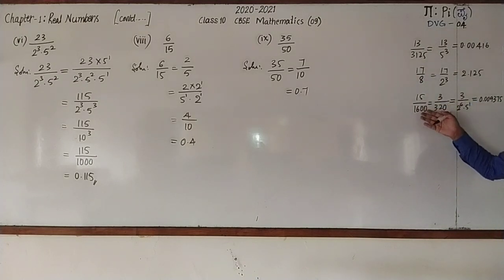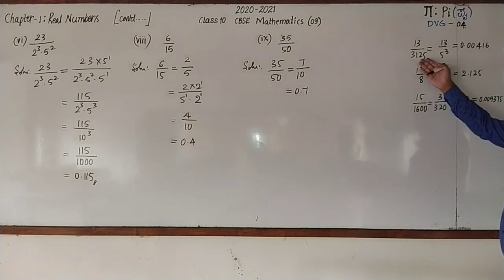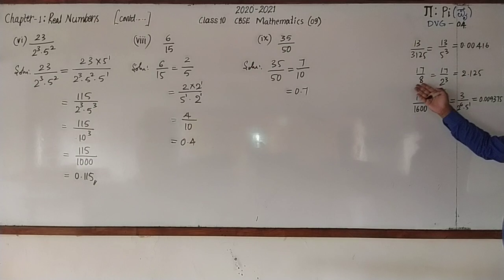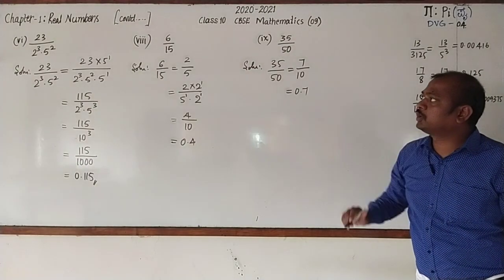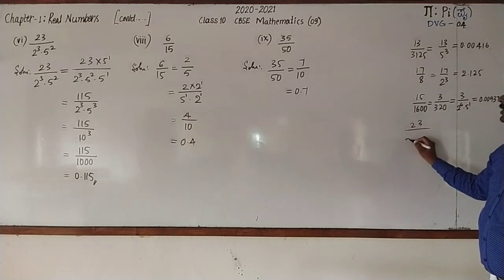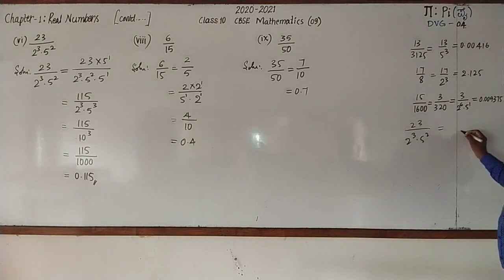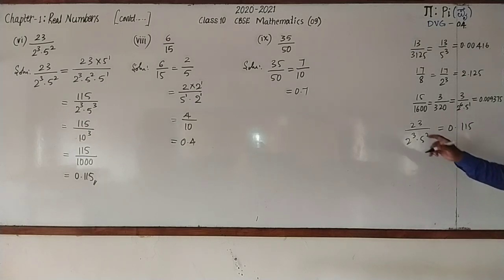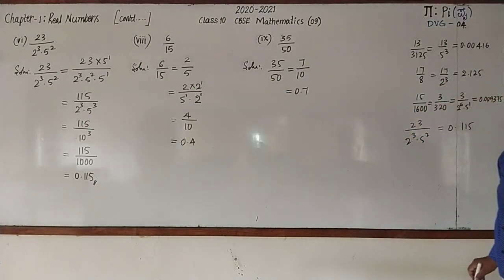And one more thing you can notice. Here I have written the results. The first one we have and its decimal expansion, second one decimal expansion, third one decimal expansion, fourth one that is 23 by 2 cube into 5 square. This is equal to how much? 0.115. Next, another one, 6 by 15.